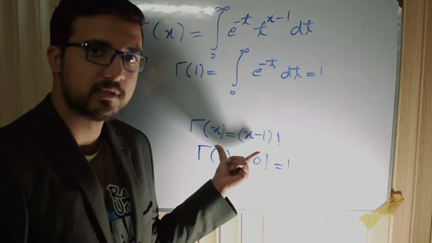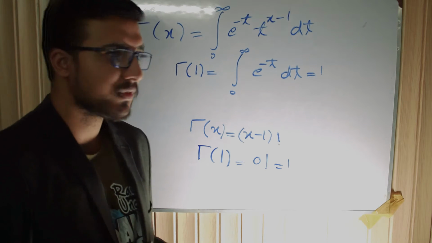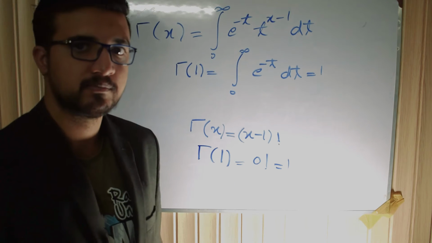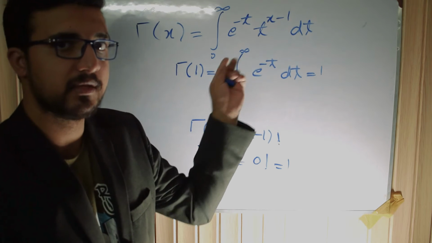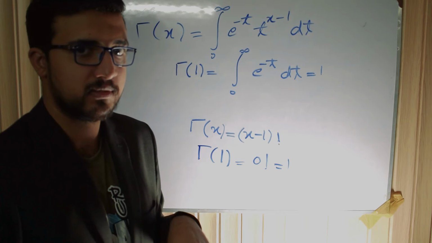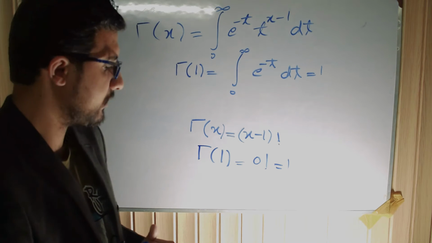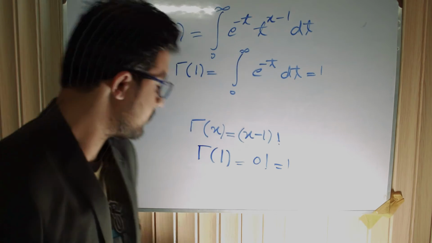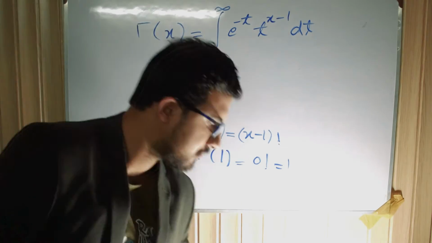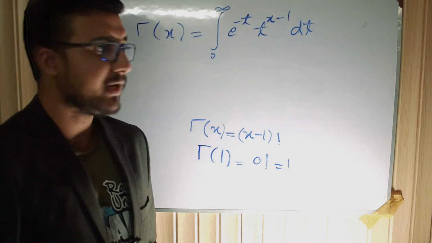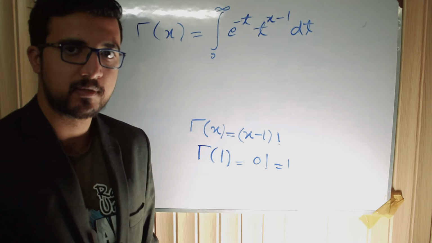This formulation, gamma of x is equal to x minus 1 factorial, comes after integrating by parts. Let's see what we get if we integrate by parts and then put x equal to 1. Because x is equal to 1, we already get gamma of 1 is equal to 1.